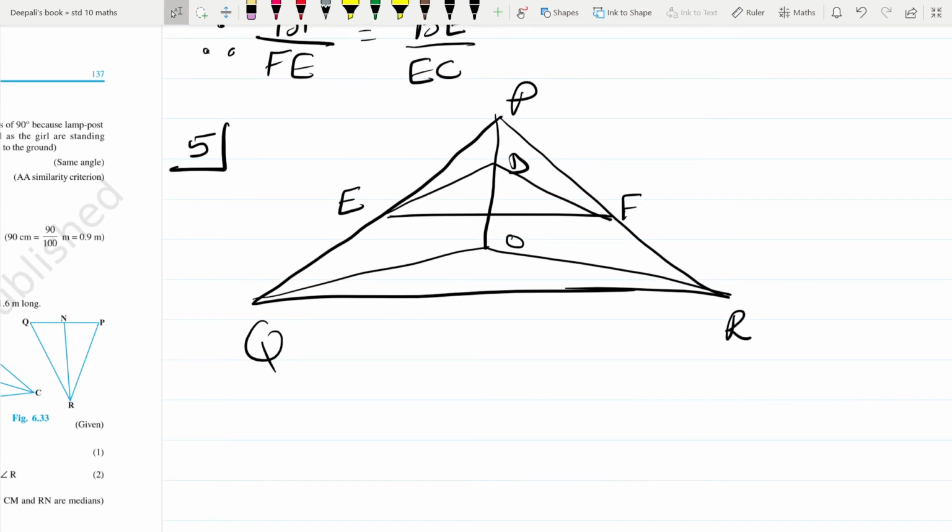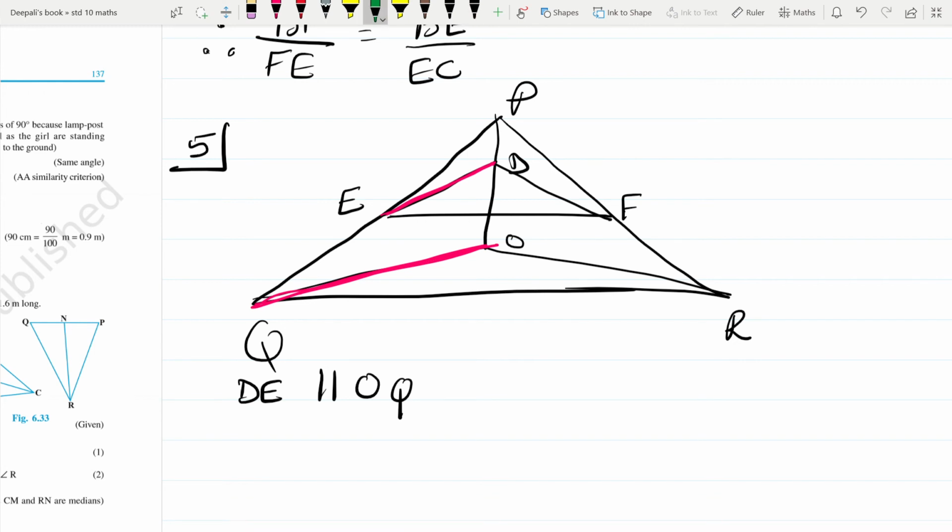Now they have told us that DE is parallel to OQ.